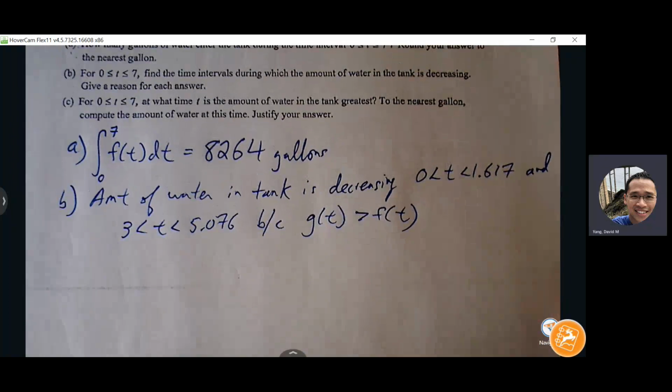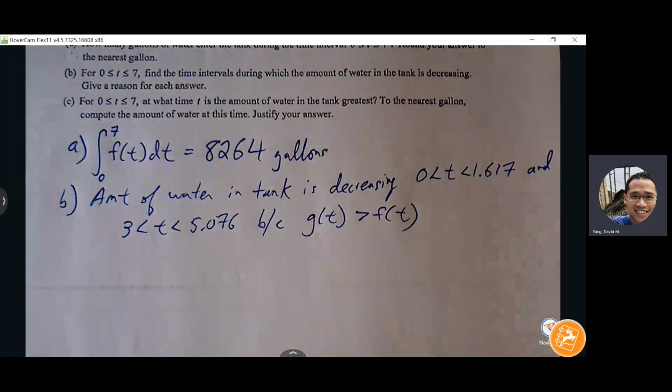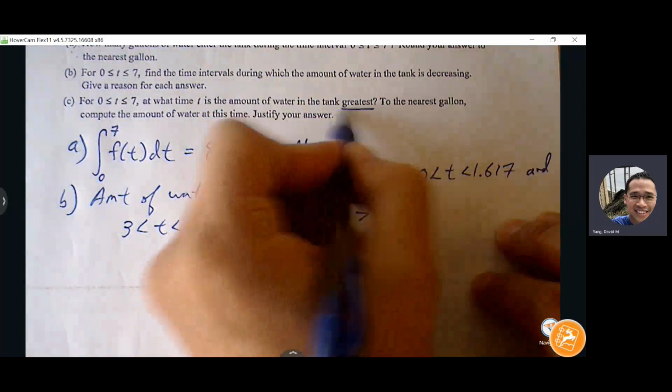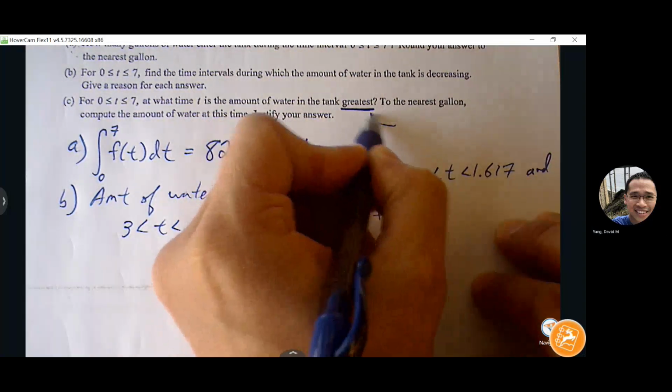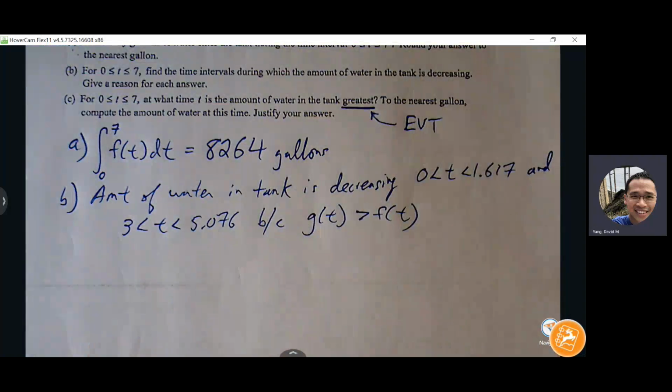Okay, part C. Between 0 and 7 hours, at what time t is the amount of water in the tank the greatest? All right, so guess what? We have to go through what again? The candidates test, yeah. So we have to involve the endpoints and the critical points.